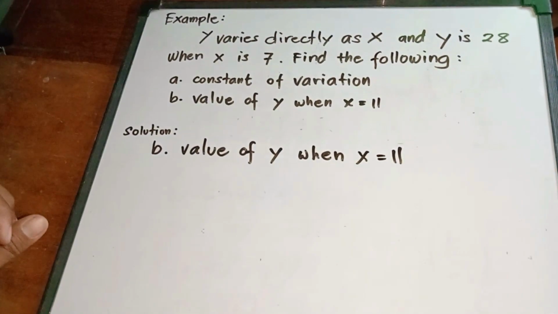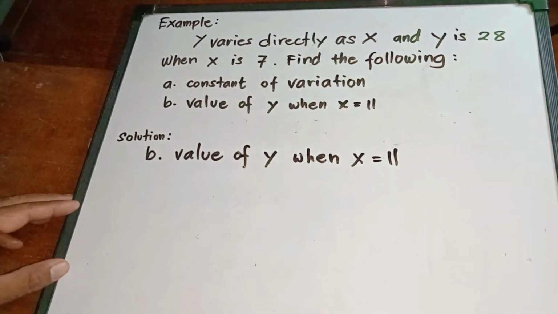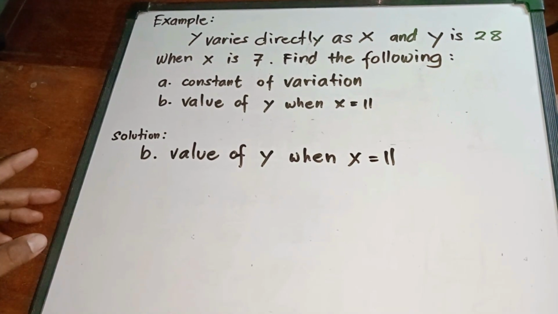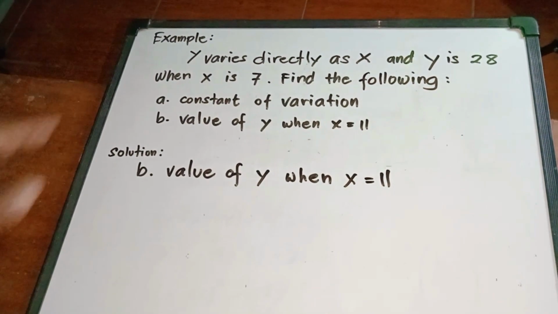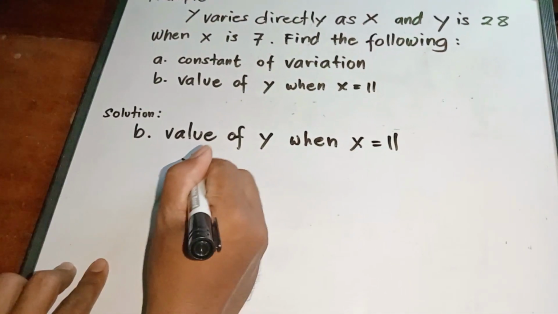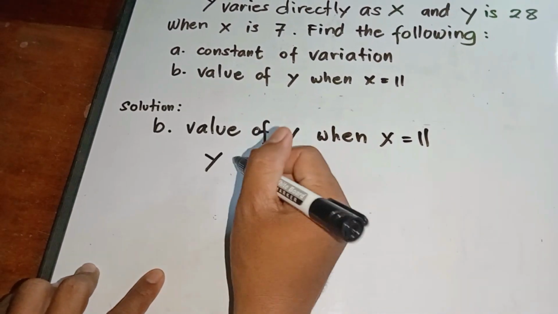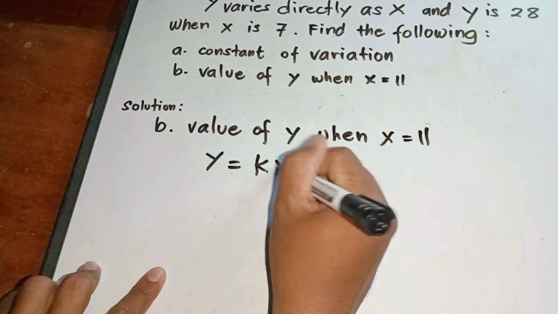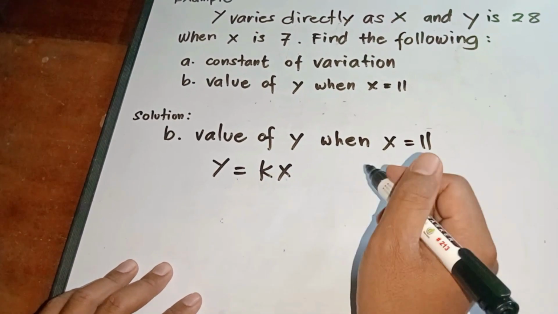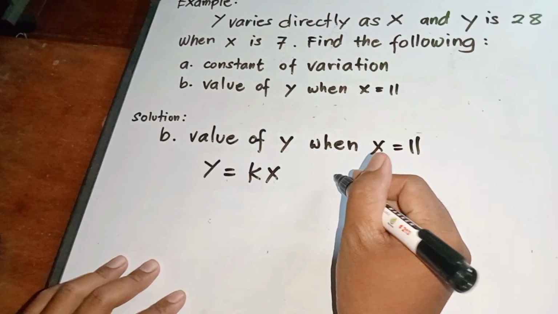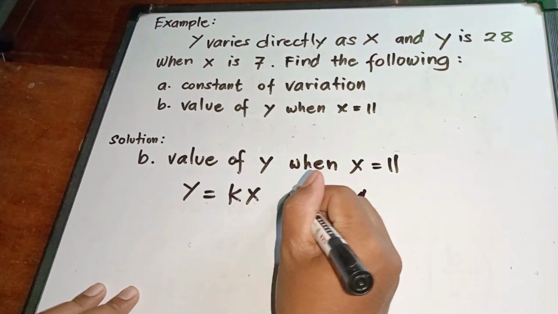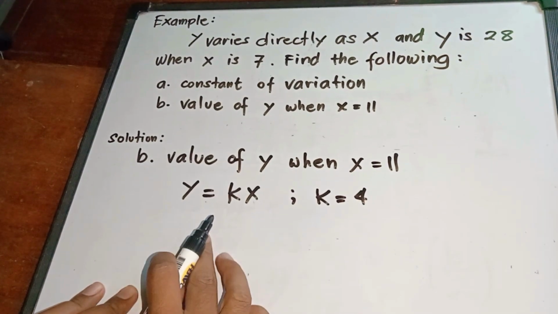Okay, so let's proceed to solution B. So, nawawala naman dito the value of y when x equals 11. So, ngayon, balik tayo uli doon sa may given example. So, y varies directly as x. So, pag i-write natin yan, y equals kx. Kanina, doon sa solution A, na-solve natin na ang value ng constant of variation o yung letter k is equal to 4. Ayan. So, solve na natin ngayon to.